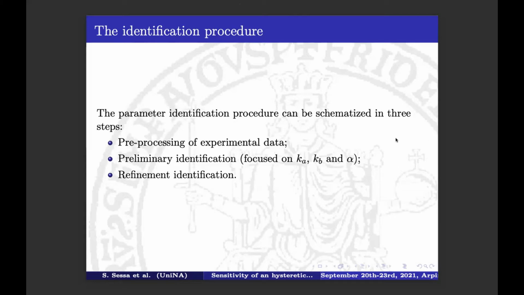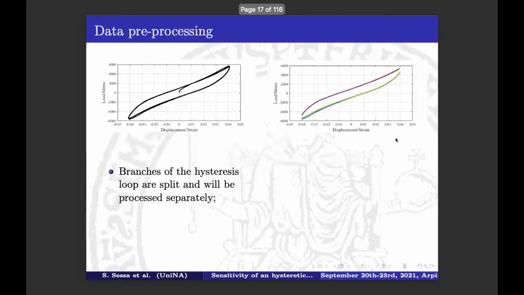And then a refinement identification that is needed to enhance the estimate of the parameters, especially for the two remaining ones. Actually, the pre-processing phase is quite standard, because we get the experimental data, such as this one, which was probably an elastomagnetic damper.